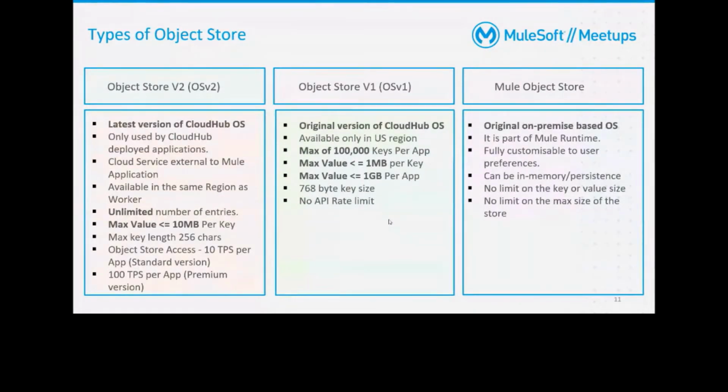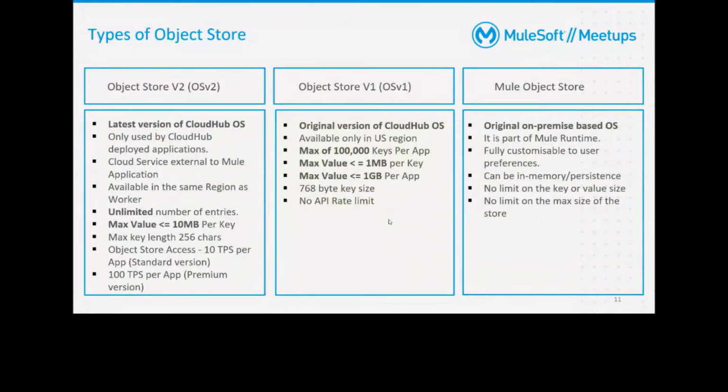Also, the configuration part. In V2 we have unlimited entries, so we can store any number of key value pairs. But in V1 there is a max of 1 lakh keys per application; there is a limit over here. Coming to the max value size, in V2 the value we are storing can go up to 10 MB per key. So we have one key value pair, and the value can be up to 10 MB.